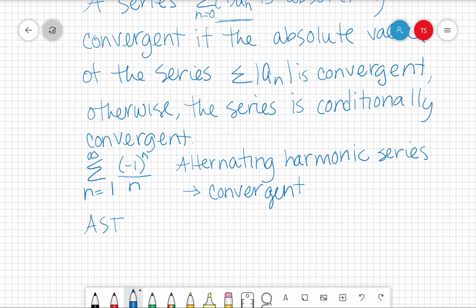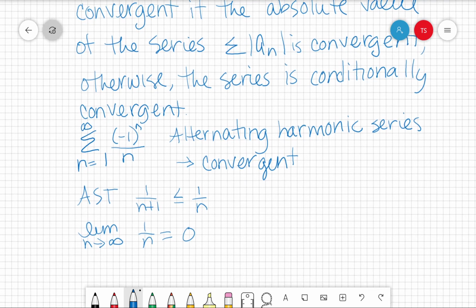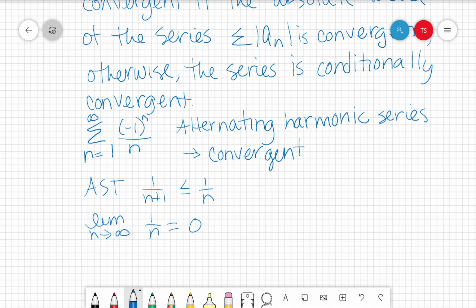So if we do the alternating series test, we can say that 1 over n plus 1 is less than or equal to 1 over n, and the limit as n goes to infinity of 1 over n is equal to 0. So that means that series is convergent.